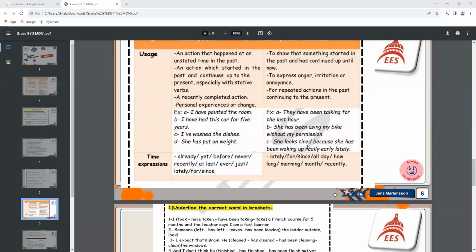So they started an hour ago and they are still talking. Okay. And look at this one. She looks tired because she has been waking up really early lately. And as you can see, it's something that has a result. She looks tired now because she has been doing something repeatedly. And the result, we can see it in the present with our own eyes. You look tired, as you can see.